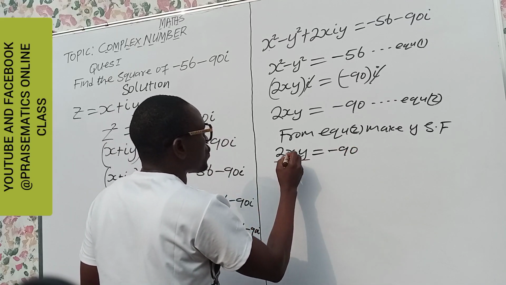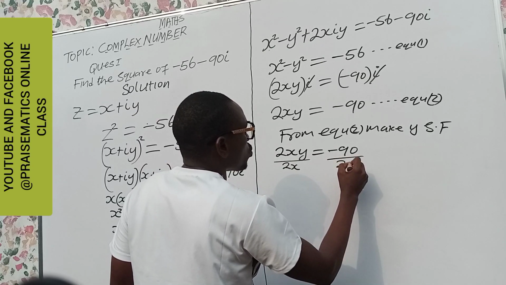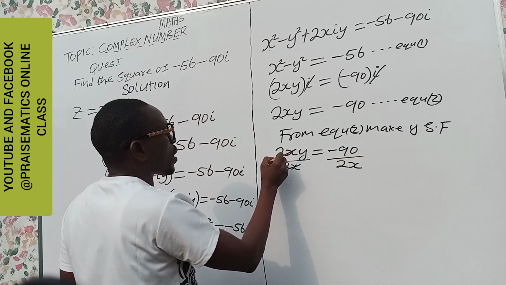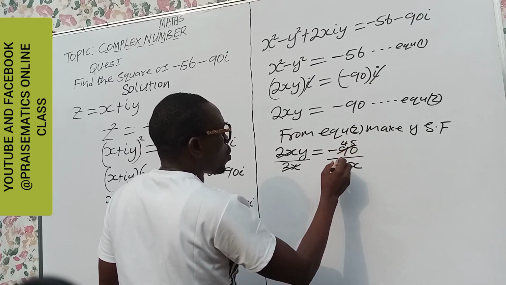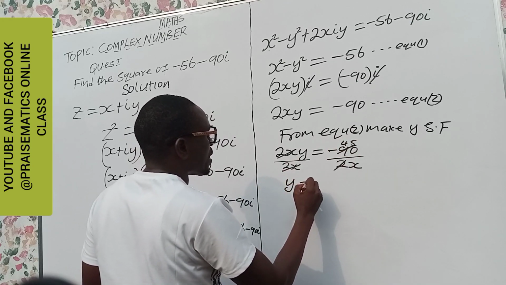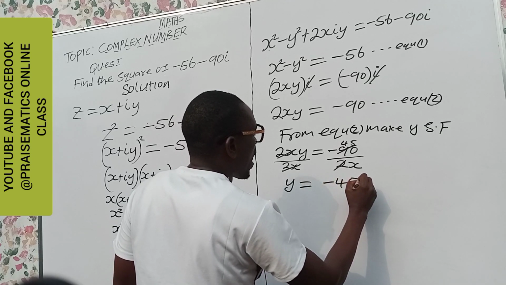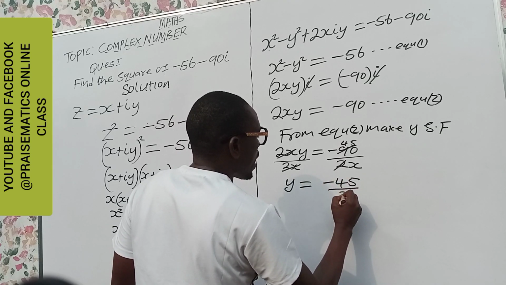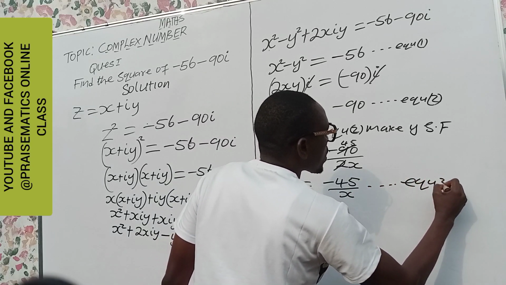Divide both sides by the coefficient of y, which is 2x. These two x's will cancel out, and 2 will go into 90, giving 45. So we now have that y is equal to minus 45 over x. Call it equation 3.